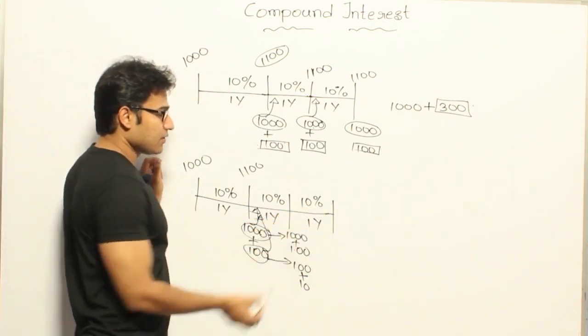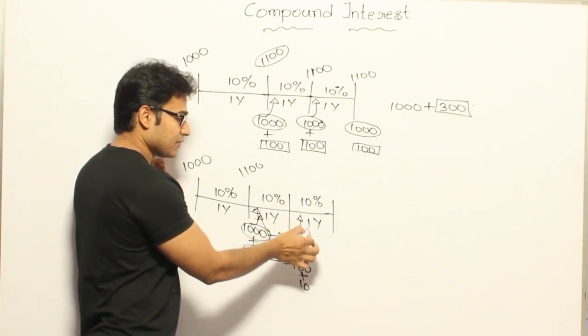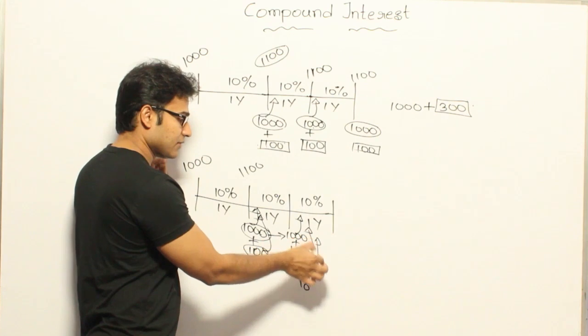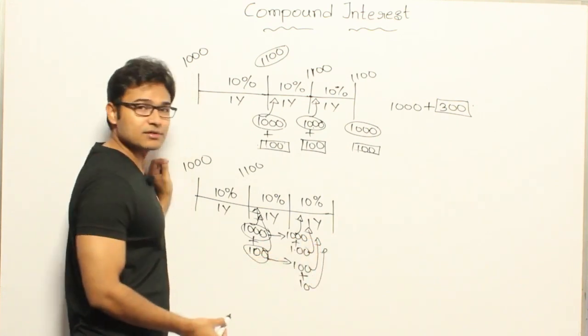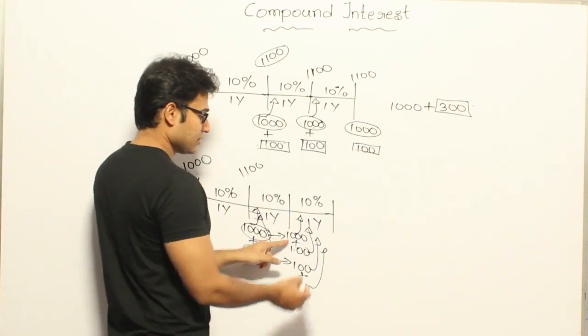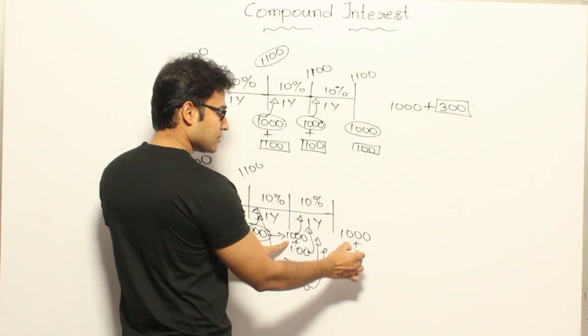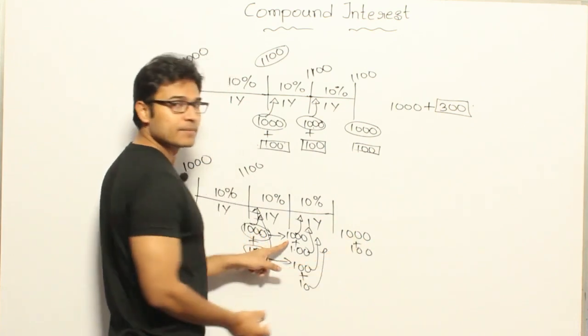Now for the third year, this one will be invested as well as this one will be invested, this one will be invested as well as this one will also be invested. Now what is the meaning of it? This 1000 is going to give you 1000 plus 100, right?